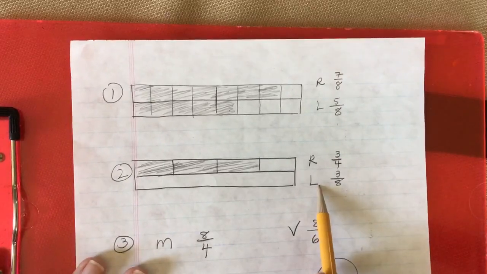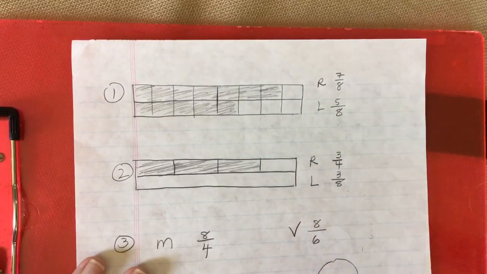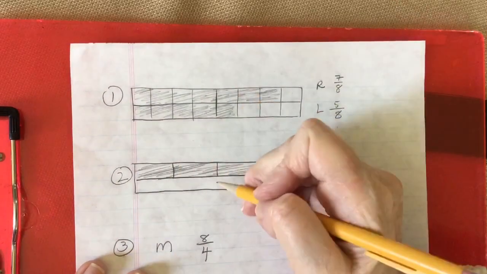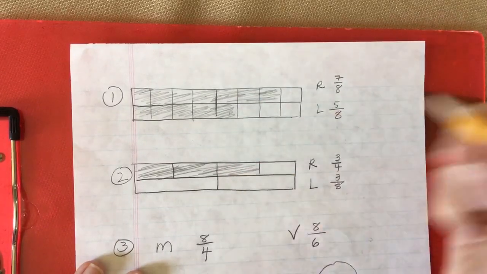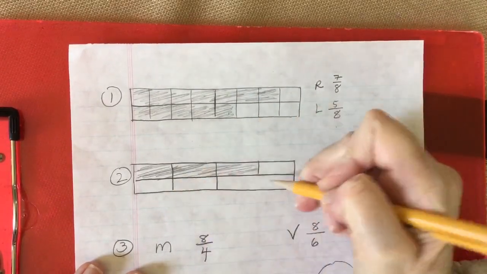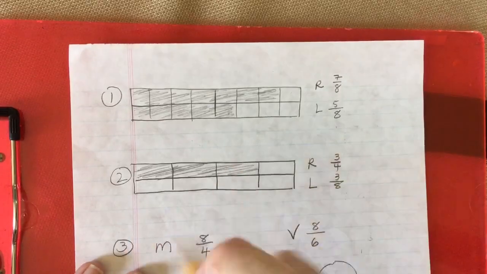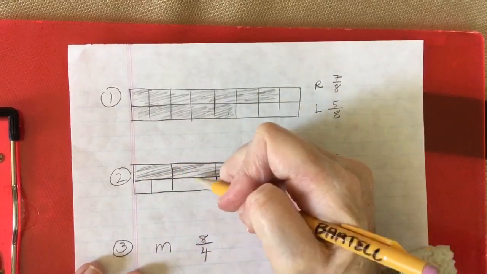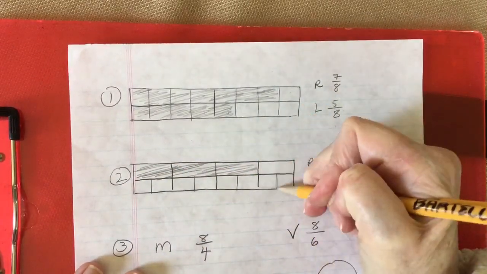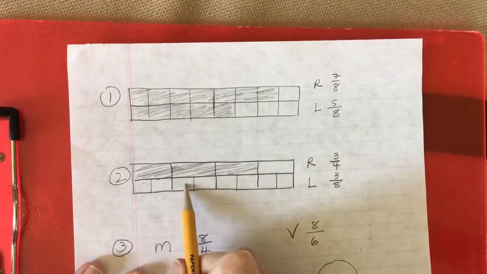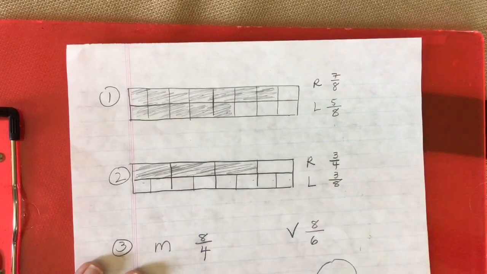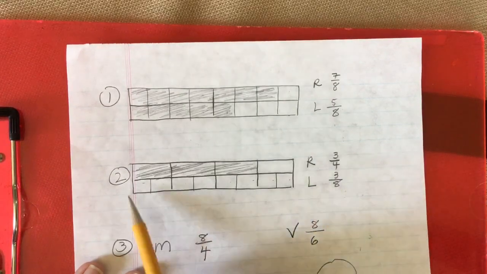Now, Lucy is 3/8. Now, just like what we did up here for eighths, I'm going to cut it in half. I'm going to cut each half in half. Now, I have 4 equal pieces, and then I'm going to cut each fourth in half, and that's going to give me my eighths. 1, 2, 3, 4, 5, 6, 7, 8. My 8 1/8, and I'm shading 3 of those.